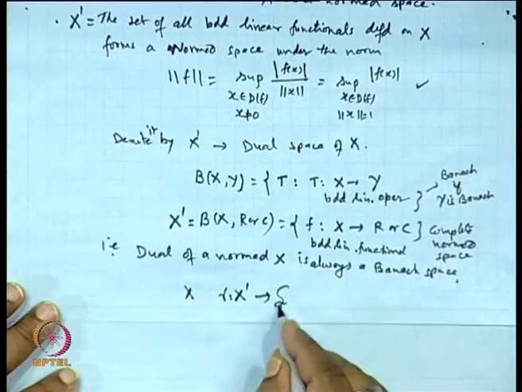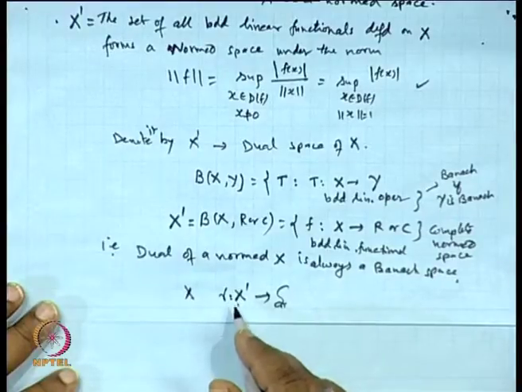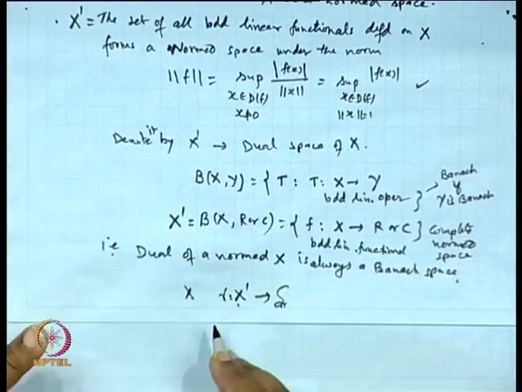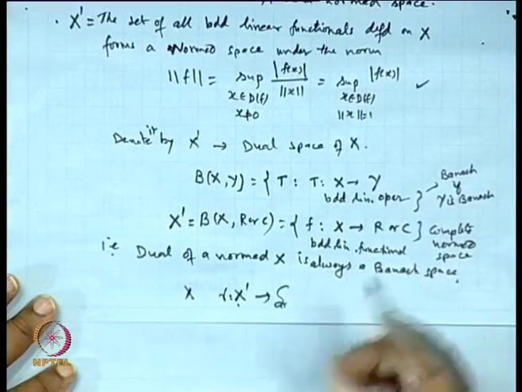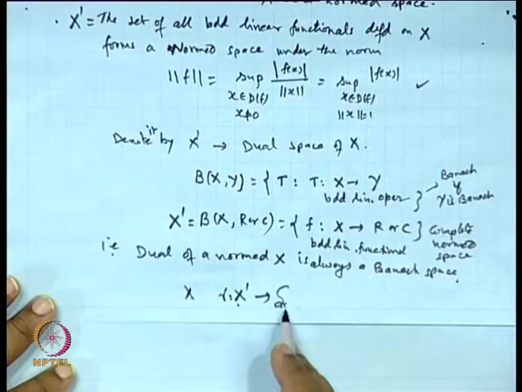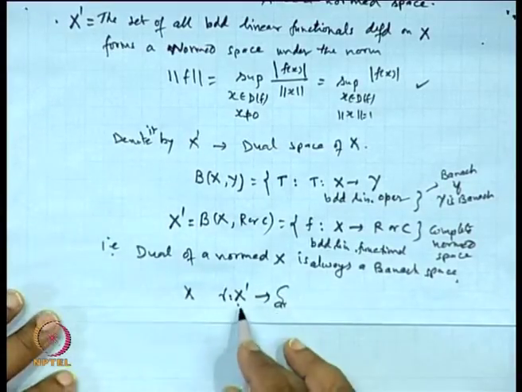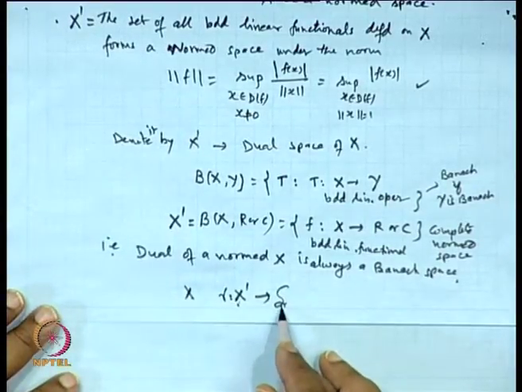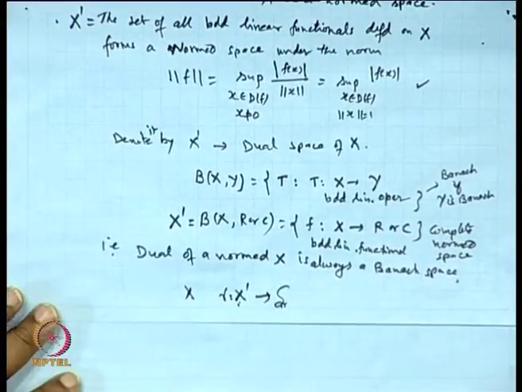Then we say these two spaces are basically identical; they differ only in the nature of the points, but the metric property remains the same because the norms are the same. Therefore these two spaces are carbon copies of each other. So when we say X dash is isomorphic to S, it means the dual of X is nothing but S.